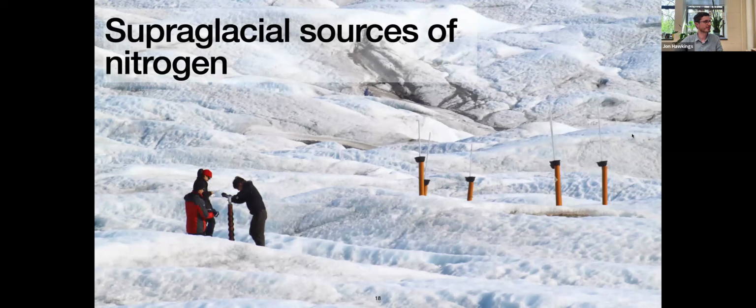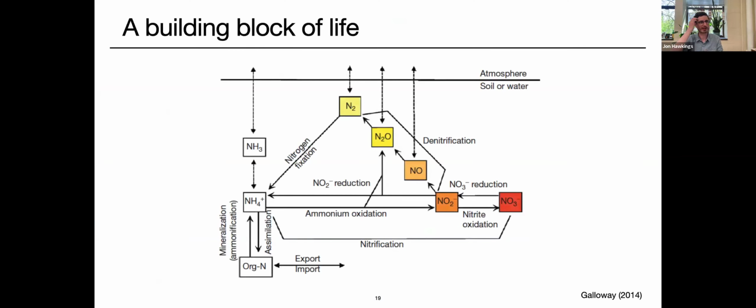Okay, so surface sources of nitrogen. I've given it away already why I think this is interesting. So the global nitrogen cycle, central to biogeochemistry of the Earth. It's one of the most important elements for life. Large natural flows of nitrogen usually come from the atmosphere into terrestrial and marine ecosystems, largely by biological nitrogen fixation, in which that unreactive molecular nitrogen, N2, is reduced to ammonium compounds.